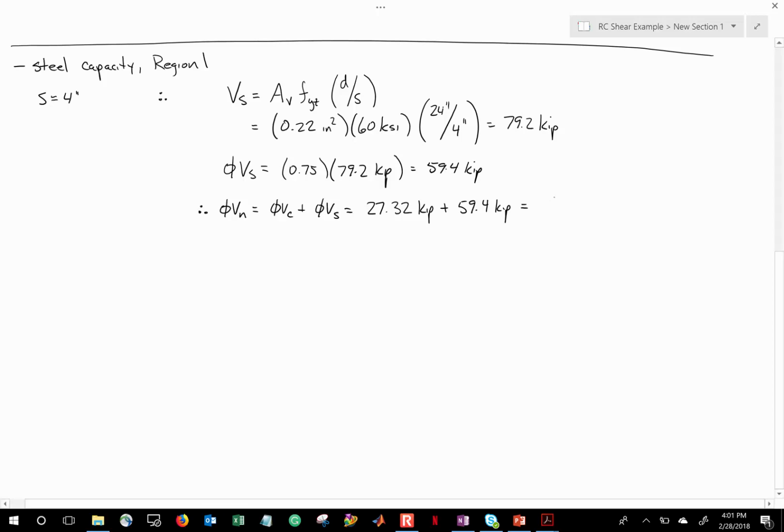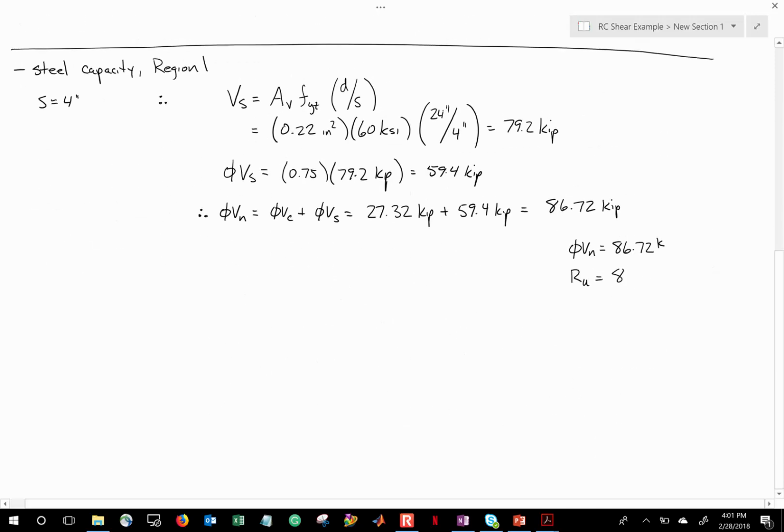And now we're getting 86.72 kips. Now this is starting to look a little more reasonable because we've got ΦVN is 86.72 kips. And remember, our reaction was 84. So now starting to look a lot more reasonable.